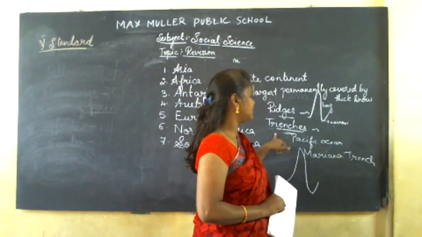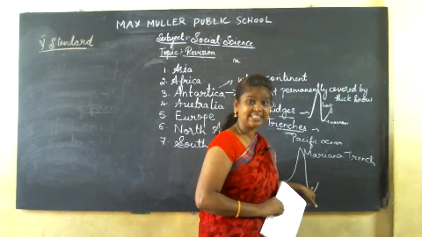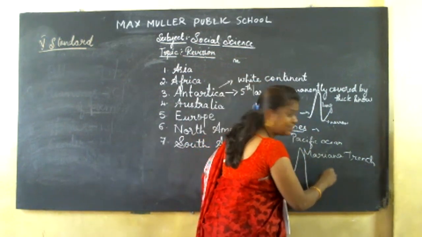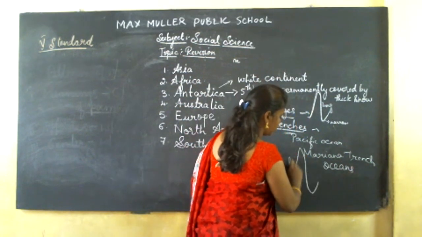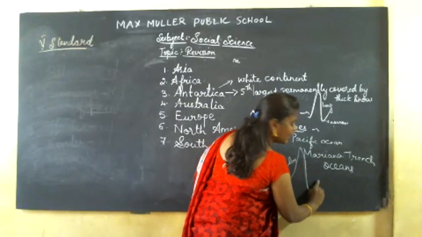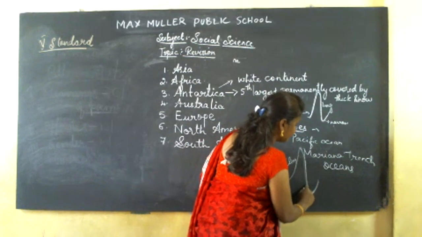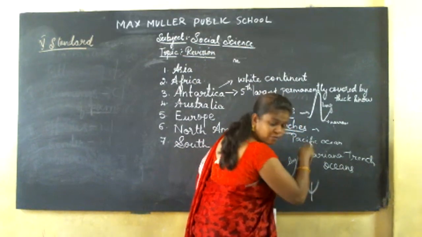But trenches are long and narrow with deep pits. Trenches are found in oceans. A long and narrow edge, and here when it comes to the narrow part, the narrow part will be very deep.